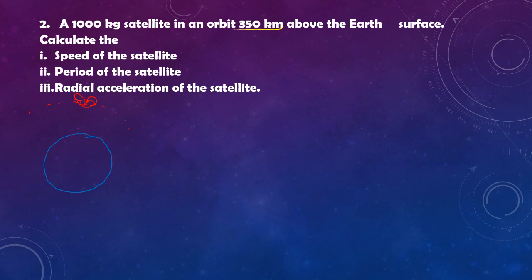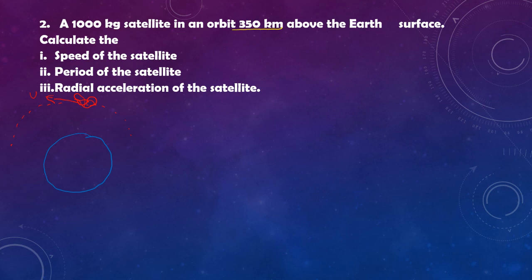The direction of the speed is tangential. When we take the circular motion, it means the angular velocity. This is our v, which changes at every point of the orbit.